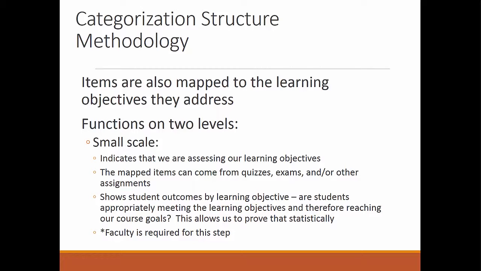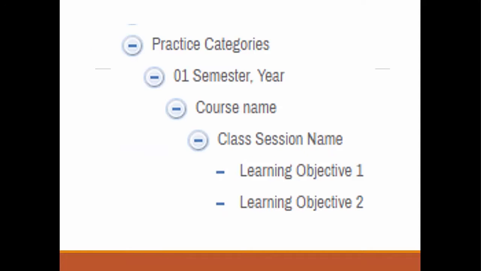So from top down, we can go from our school mission and our accreditors all the way through to our assessments, and those assessments, step by step, will help prove that we are meeting every single part of the accreditation process. And as mentioned before, we need faculty for this, because this is definitely a content area issue.